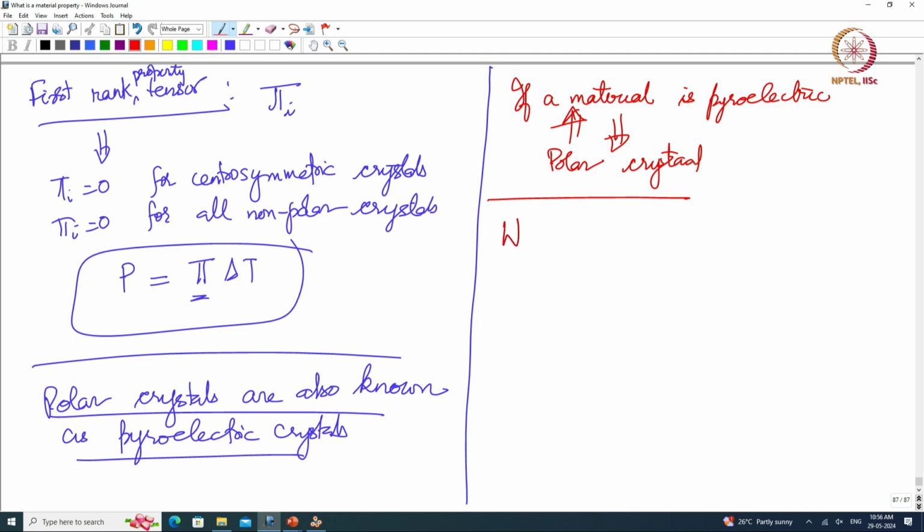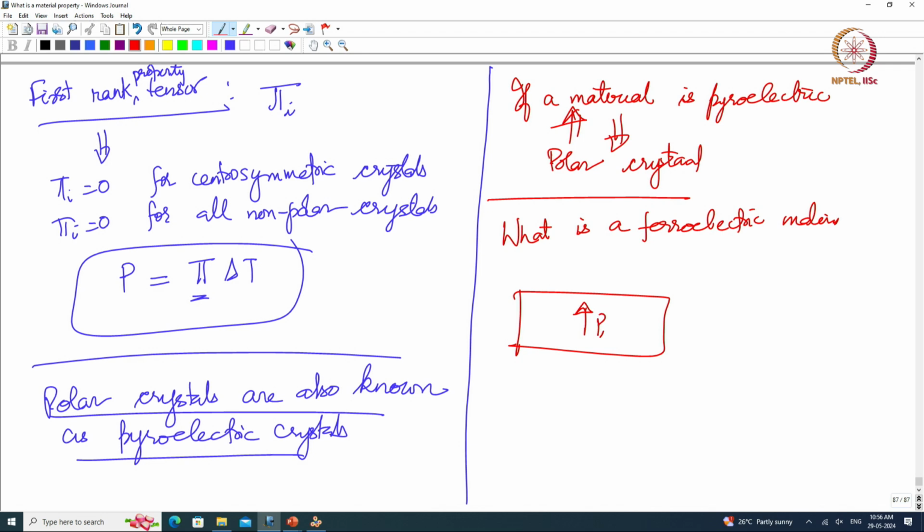Now, what is a ferroelectric material? A ferroelectric material is a material that has a spontaneous polarization, PR. The first constraint is that there should be a spontaneous polarization, which actually means that the only materials that can be ferroelectric are polar materials.